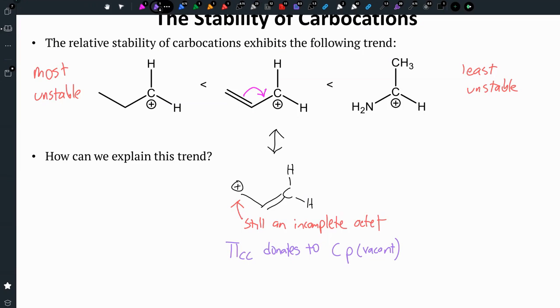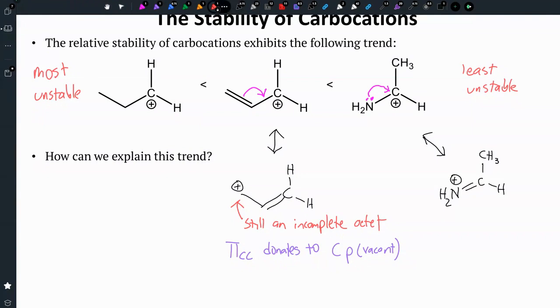What about the one on the right? Well, if we think about what electrons are available there, in this case, we now have a lone pair next door that can be shared with the carbocation. Again, that makes an alternate resonance structure. In this alternate resonance structure, there's no incomplete octet.